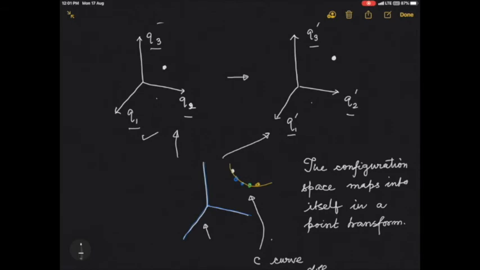And you ask the question, which reference system, which configuration space is this trajectory in? Well, it's a trajectory in all configuration spaces because all of them are equivalent. All that you do by changing the configuration space, or doing a point transformation, is to go from one point to the other in the same space.